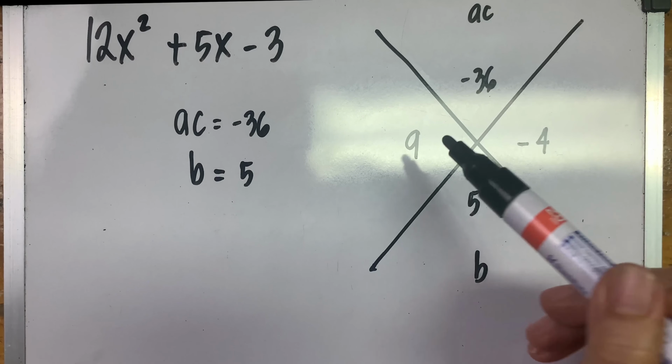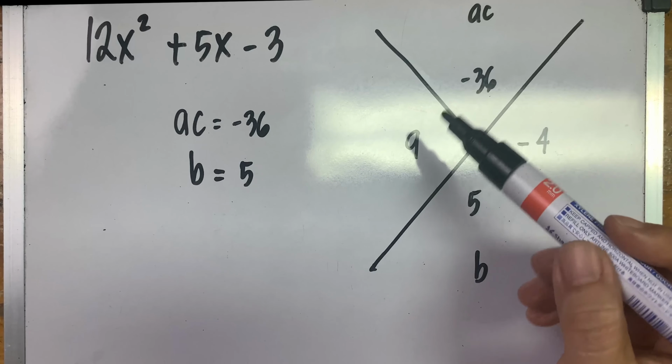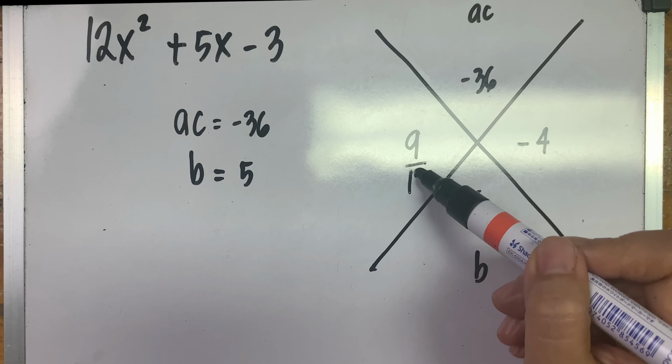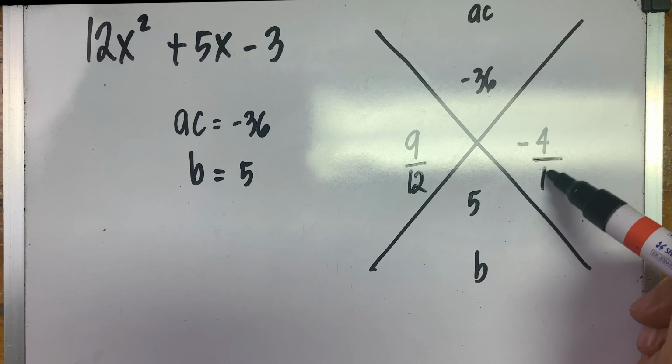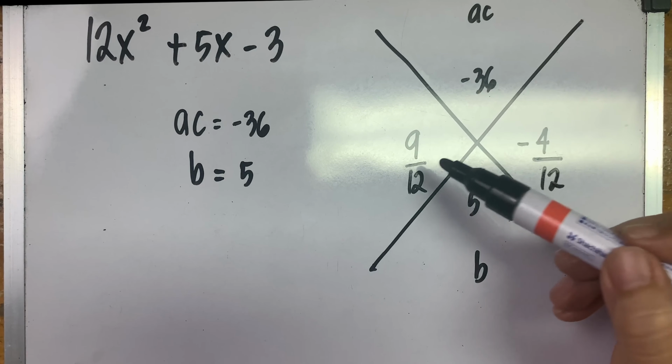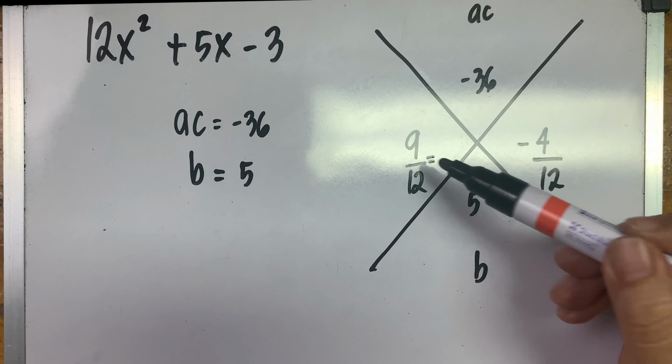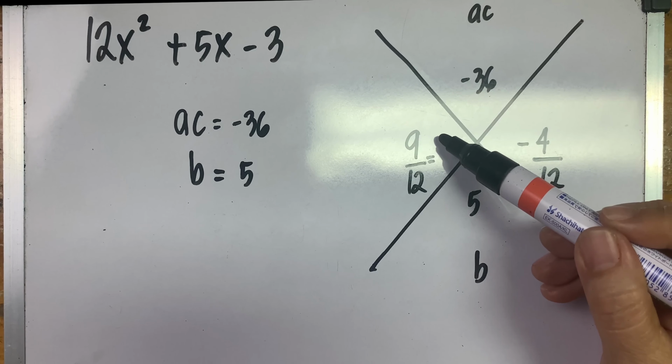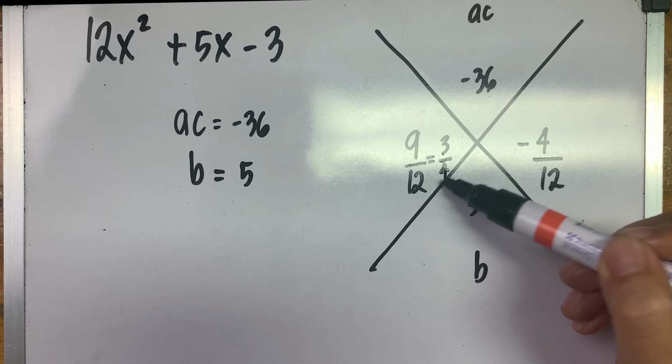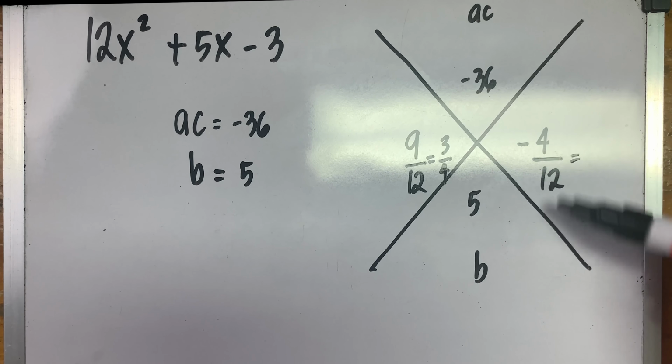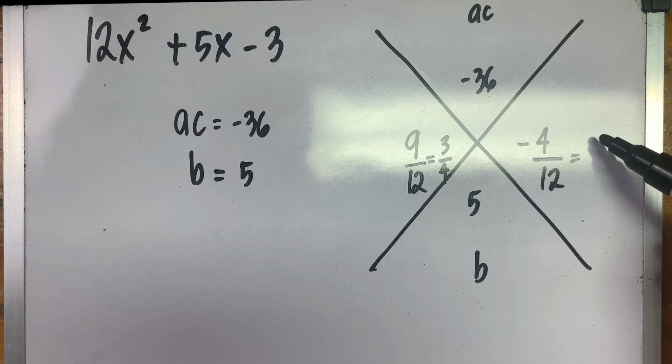Again, we have to divide this by the coefficient of x squared, which is 12. Same is true with this number. Reduce them. So this is divide both by 3. We'll have 3 over 4. And then this reduced by dividing both by 4 will have negative 1 over 3.